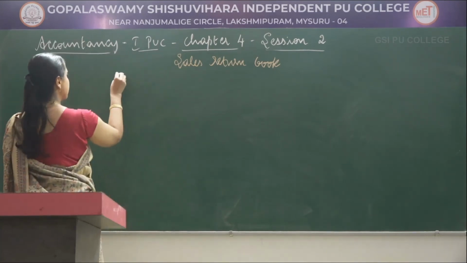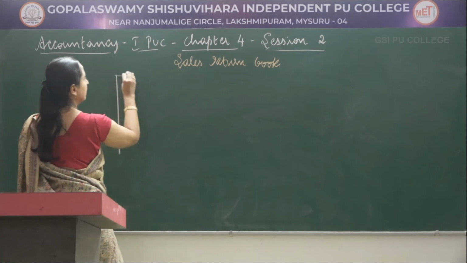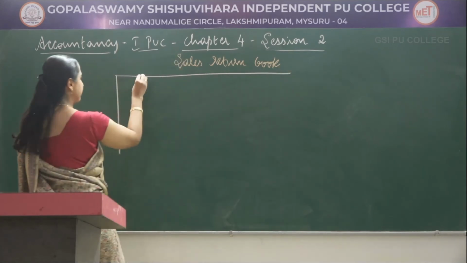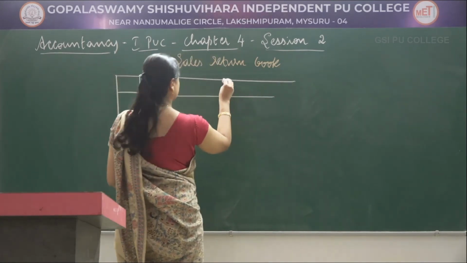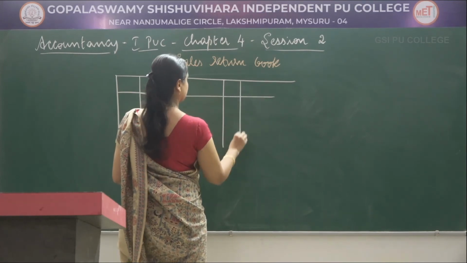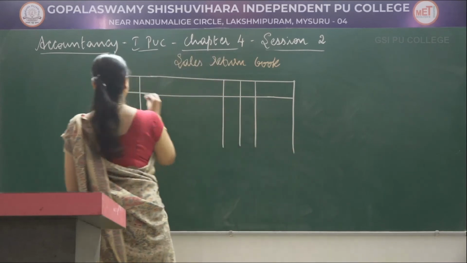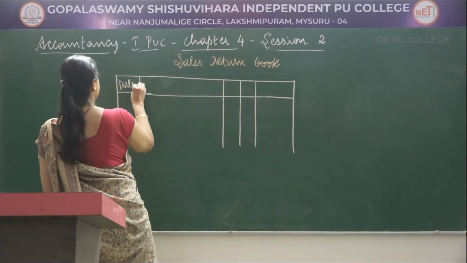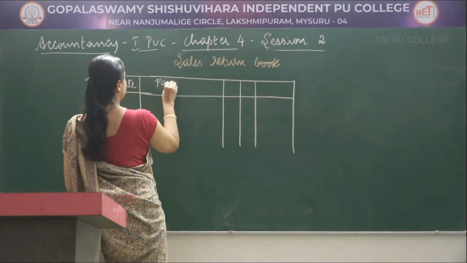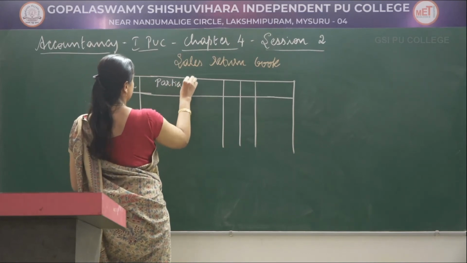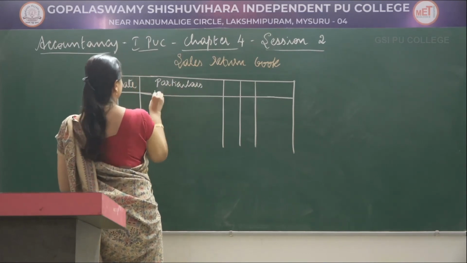So now Bansal Electronics has to prepare sales return book. So now let us start with the problem. Let us draw the format. Here we write the date. Here we write the particulars, that is the name of the customer.